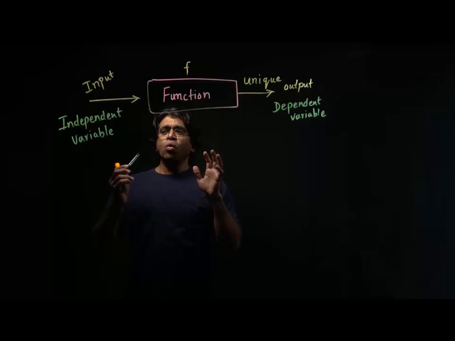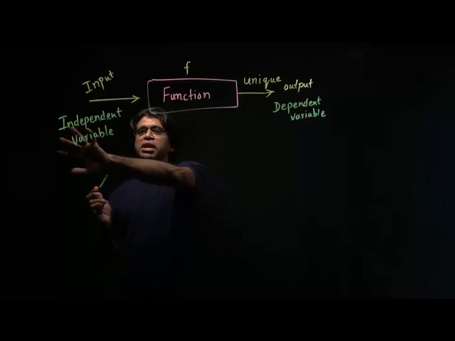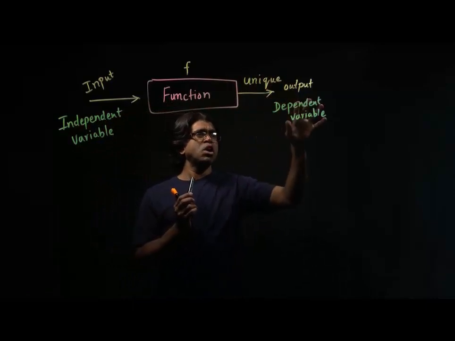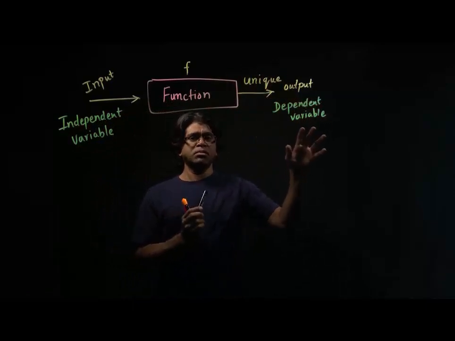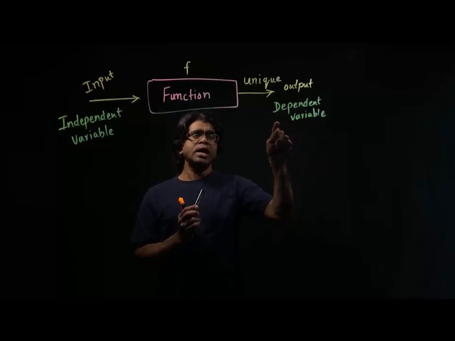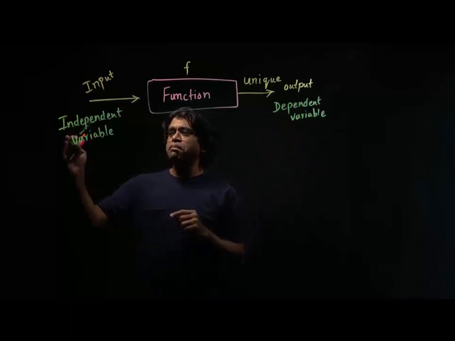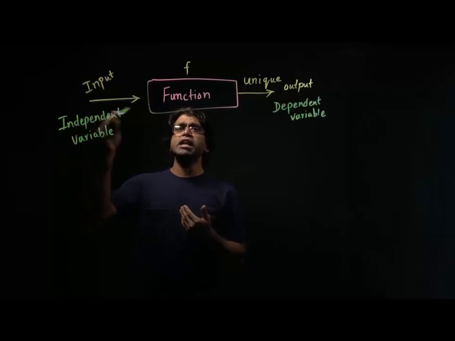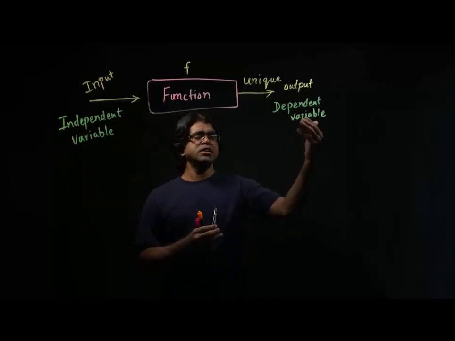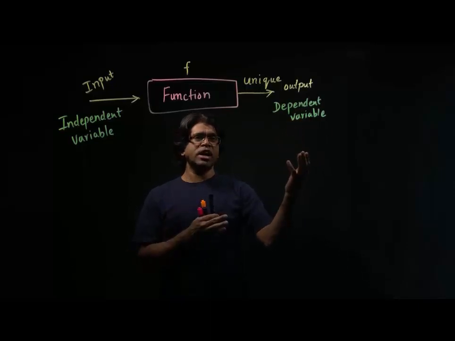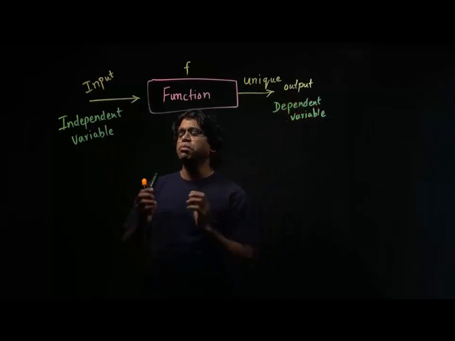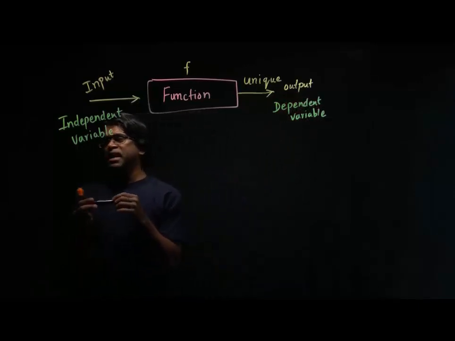So in one way you can input anything which is independent variable, and that gives you an output which is a dependent variable. And the reason why this variable is independent, because in a function you should be able to input any value and get some unique particular value which is a dependent variable, because the output depends on the input. Now let's consider an example.